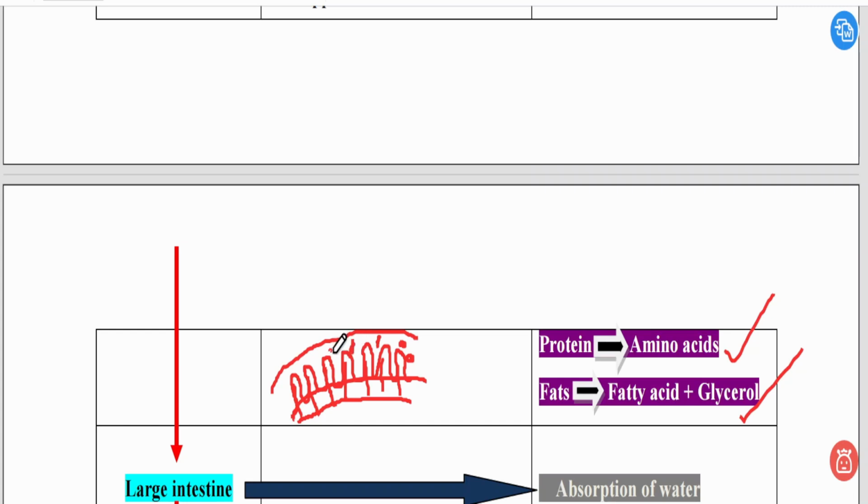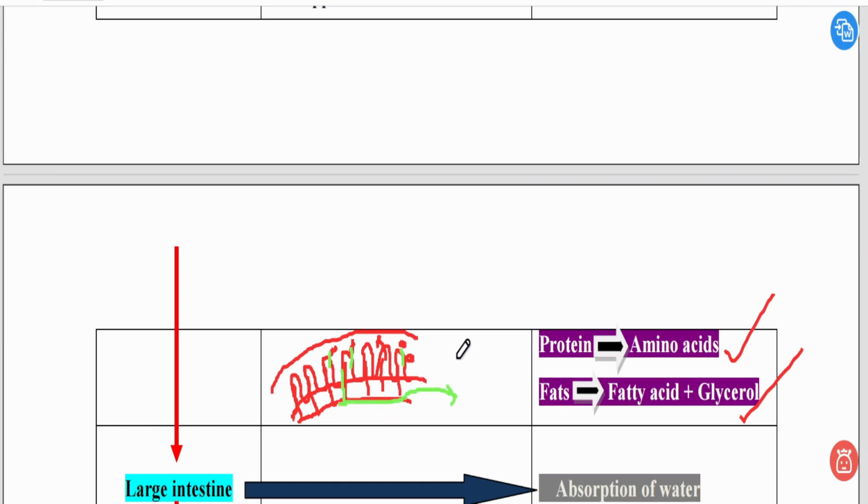As and when the food particles are stored here, absorption of those food particles into the villi takes place. So these food particles will move into the villi, the finger-like projections, then to the blood vessels, and from the blood vessels they will reach the main bloodstream.